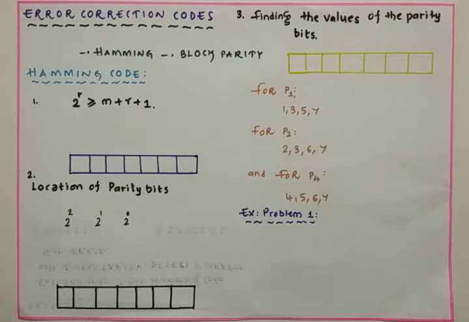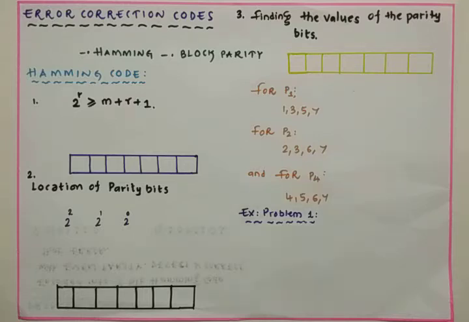Hamming code is nothing but, by using some parity bits, we are going to correct the error which is transmitted. That means we are having some parity bits. By using those parity bits, we are going to correct the error which is transmitted along with the data to the receiver side.